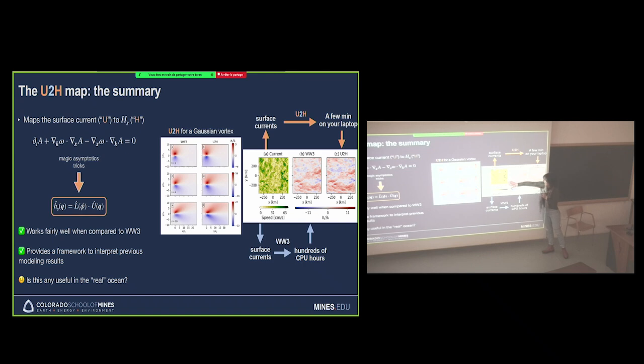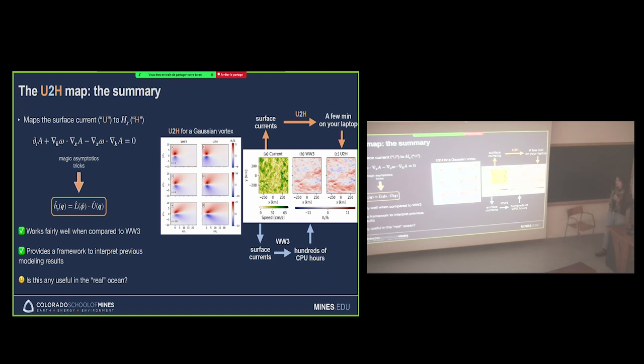So this is just currents from the MITgcm, and it's WaveWatch and U2H. It also works if you have coherent structures. So the example there is the flow impinging on a Gaussian vortex. And you also see, and the rows are different direction spreadings, so you see that it still works pretty well for coherent features too.